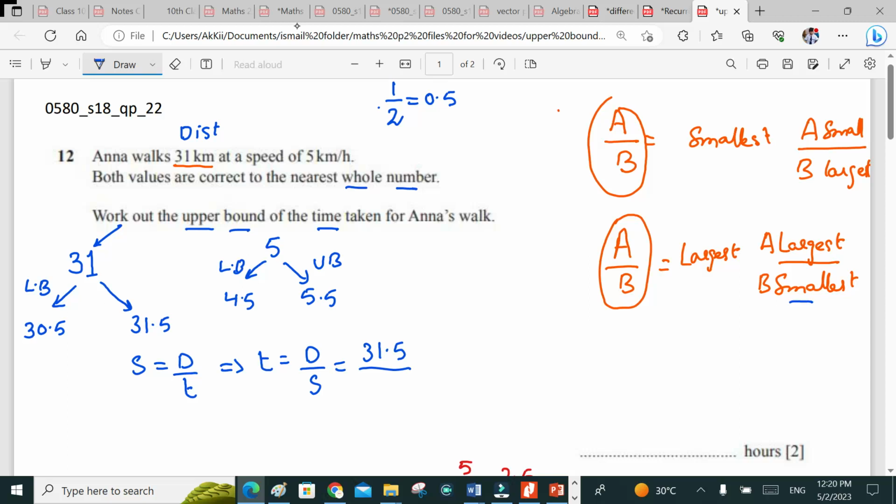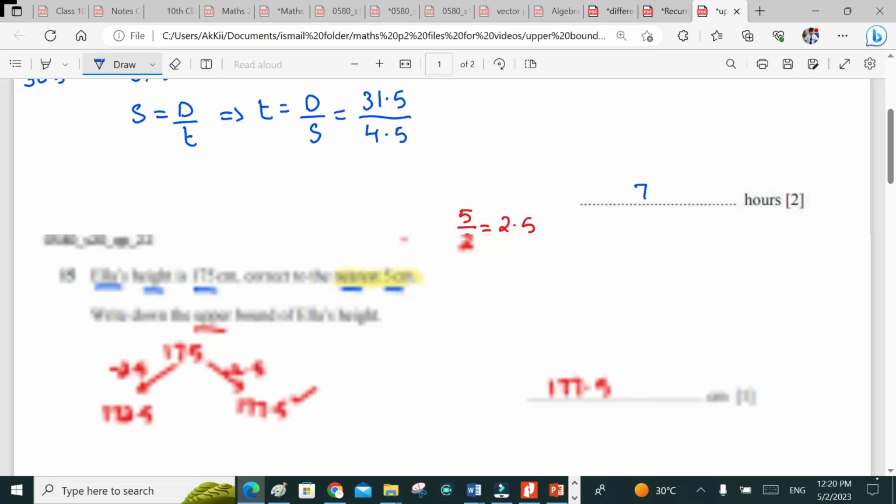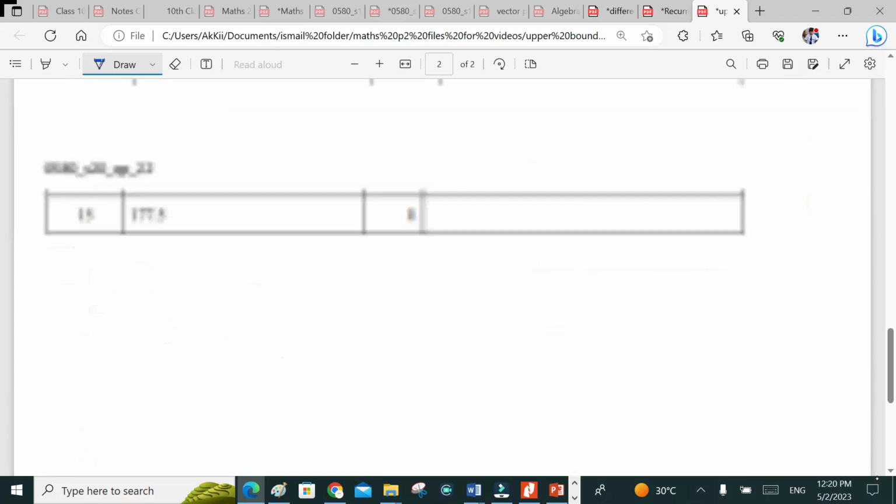The smallest speed is 4.5, that is the lower bound of it. I'll put 4.5. Let me solve it with the calculator and see what my answer is. Yes, its value is 7 hours. Let me check the answer. Yes, it is 7 hours.